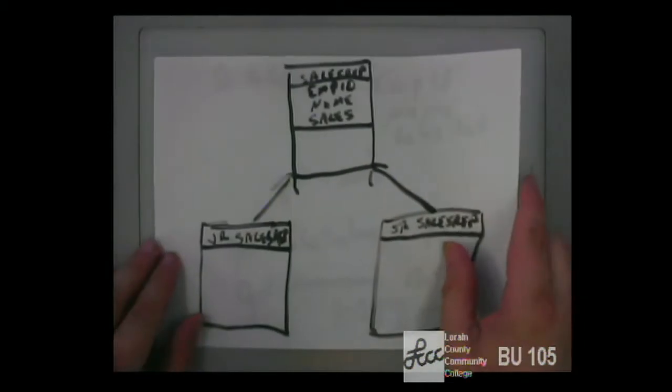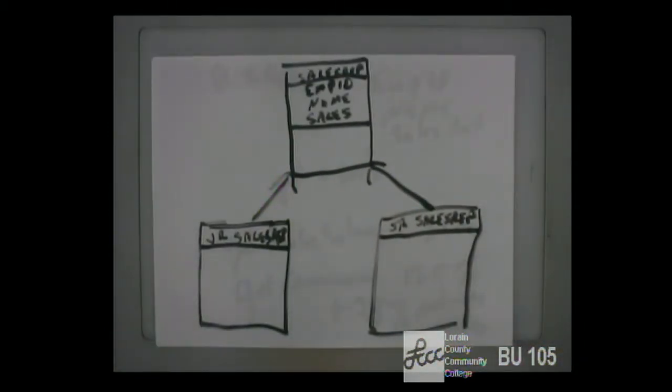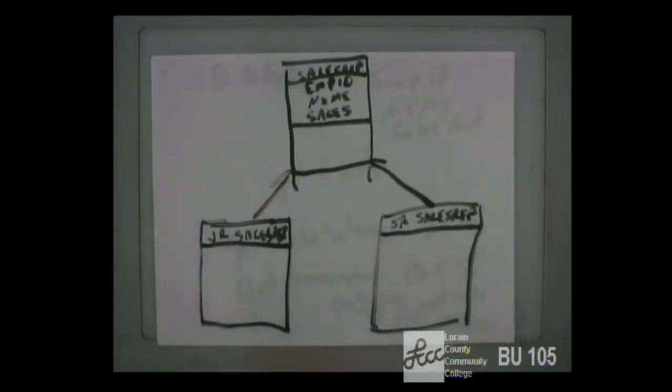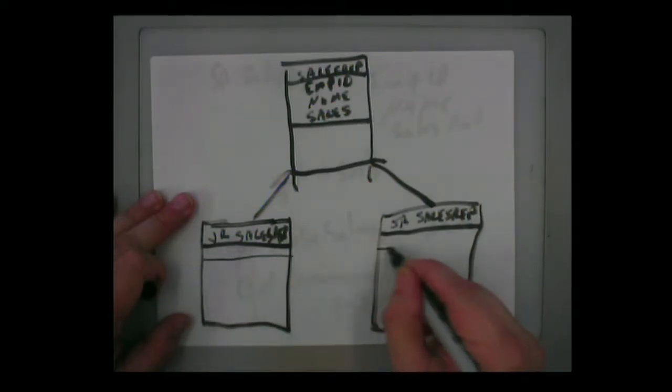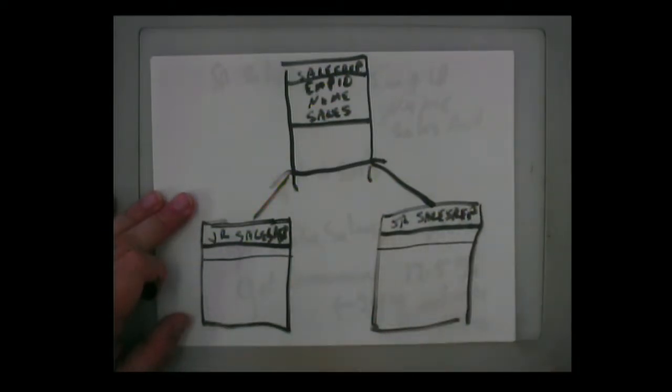I'm going to switch over to the thinner marker. Now, are there any attributes in the junior sales rep that aren't in the regular sales rep? No. So there's no different attributes for either junior sales rep or senior sales rep. So I'll just leave the attributes blank.